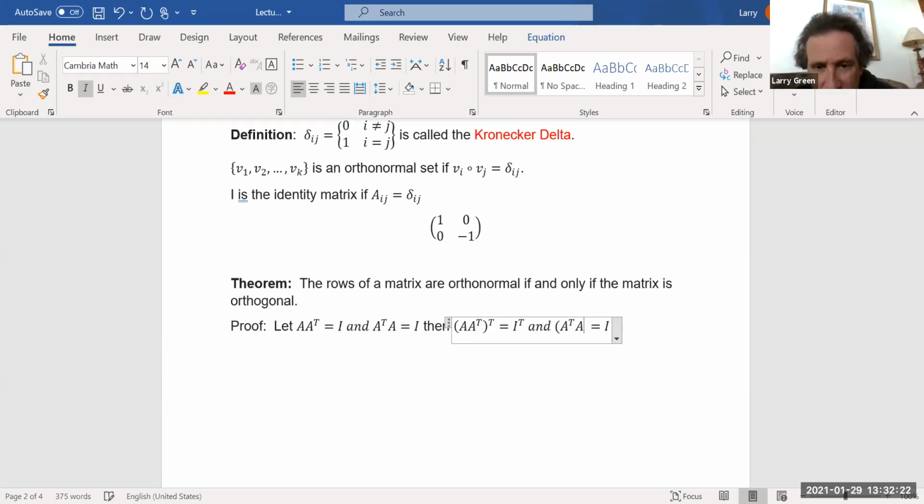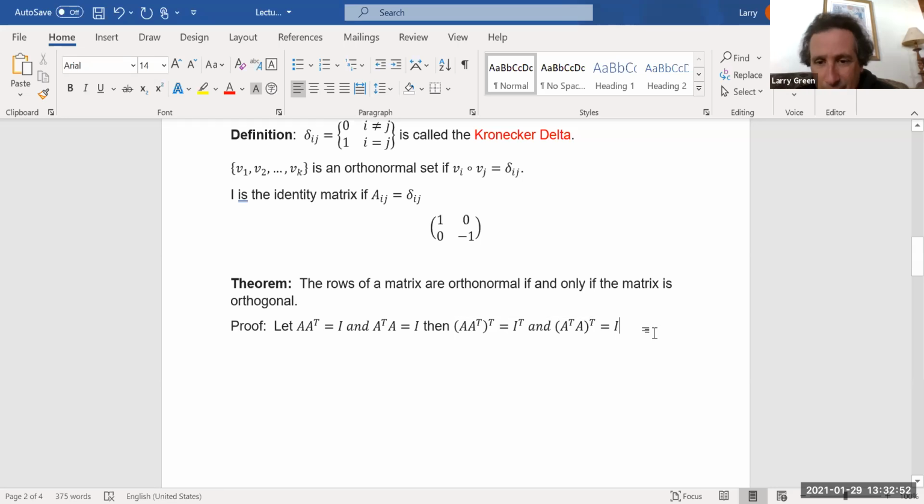Let's try this. The idea is what we've just done is we've said, if A A transpose is the identity, then taking the transpose, switching the roles of rows and columns, also works. Any questions on that?